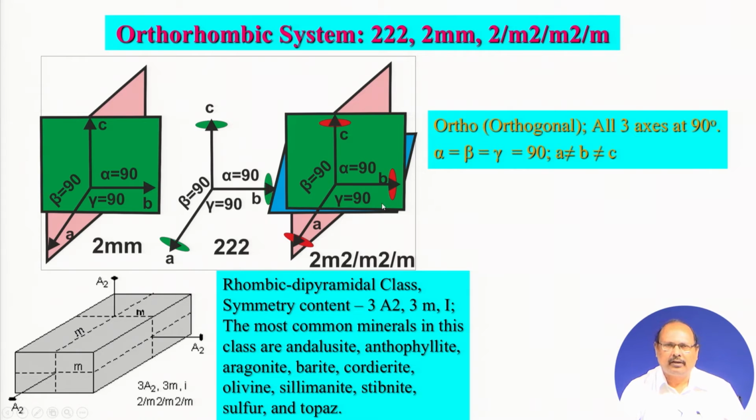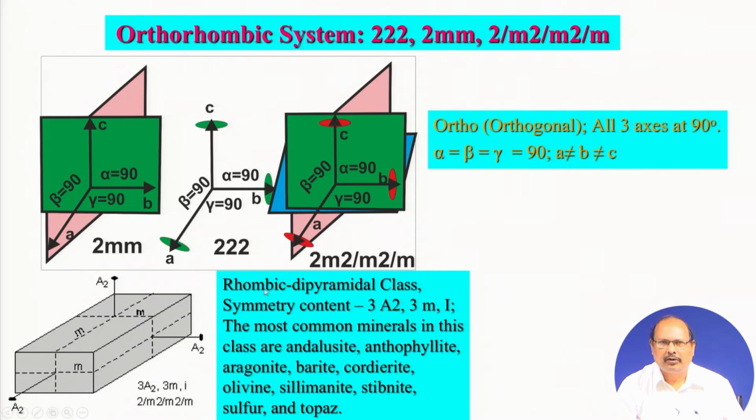So, in this case of the normal class of the orthorhombic crystal system, you have the axes A, B, C coinciding with the three dyads and also orthogonal to the three mirror planes there.